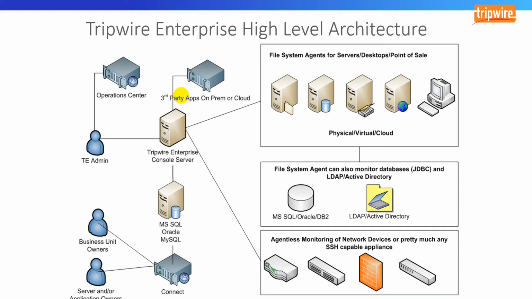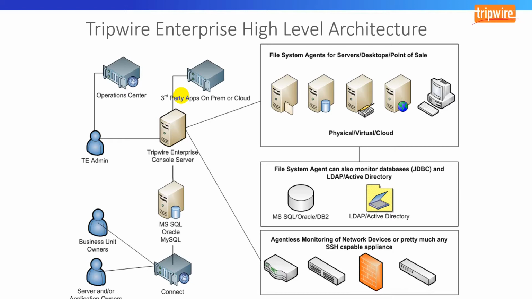And based on this, we can integrate with third-party on-prem or on-cloud applications, or we can get connected with a Tripwire Connect reporting server. So Tripwire Connect can help you to get information and generate multiple reports, and thousands of reports built in this machine in order to help you to customize reports.